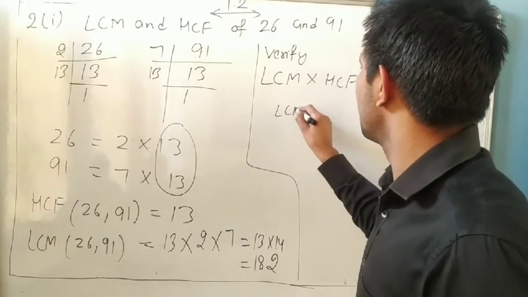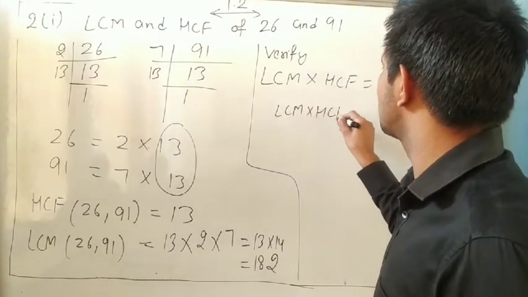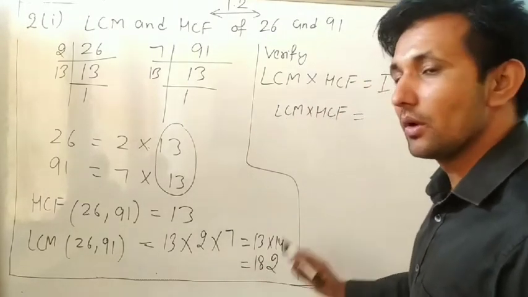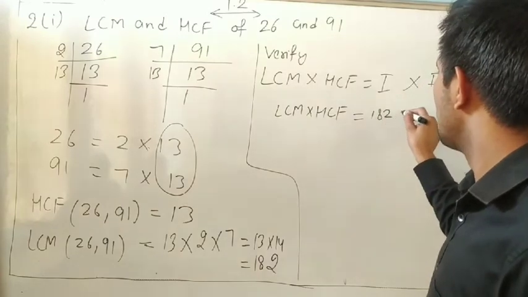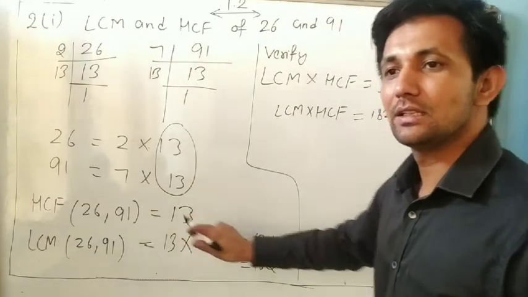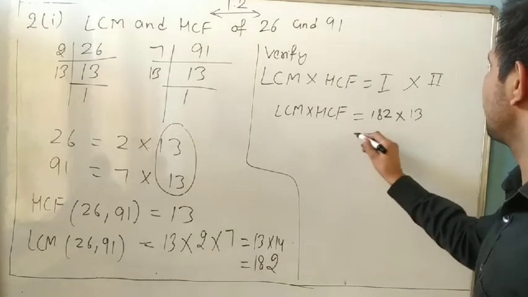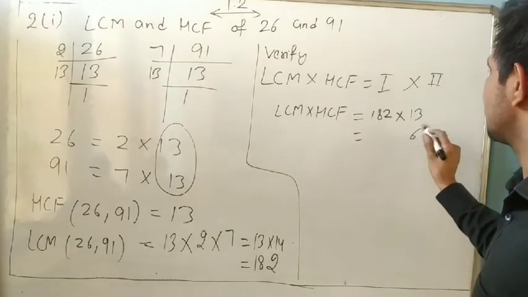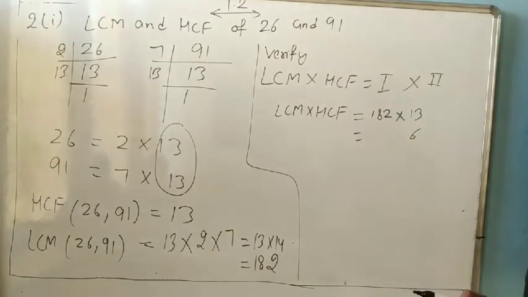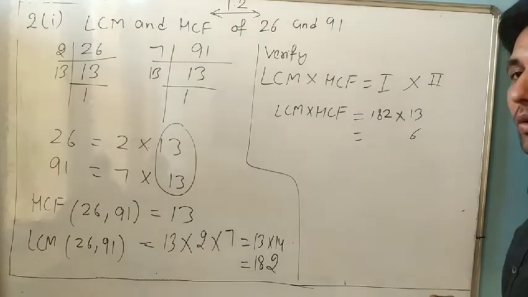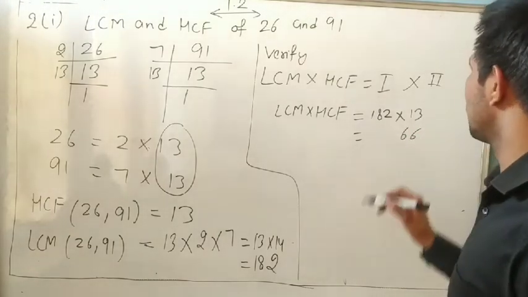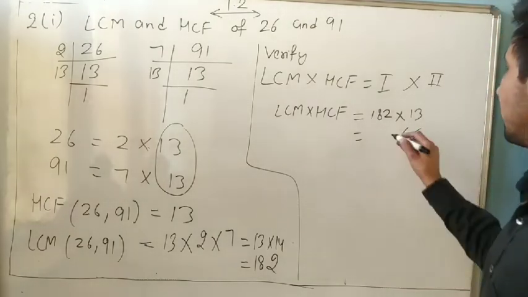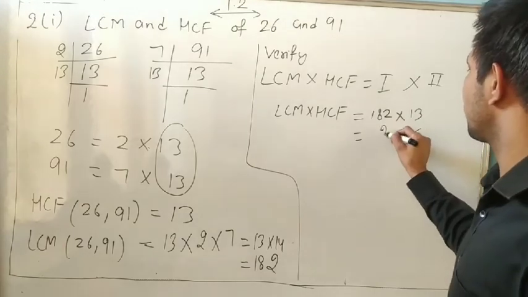LCM is 182 multiplied by 13. 13 into 2, 26. 13 into 8, 104, plus 2, 106. 13 into 1, so 2366.